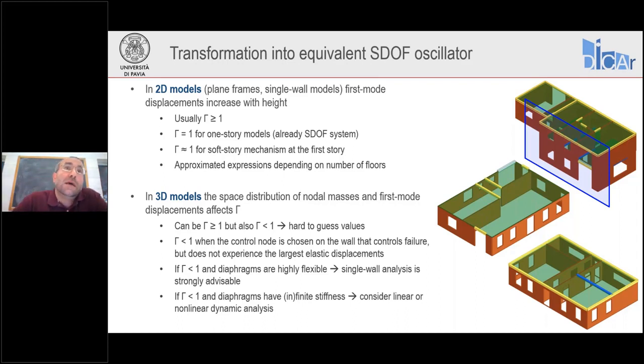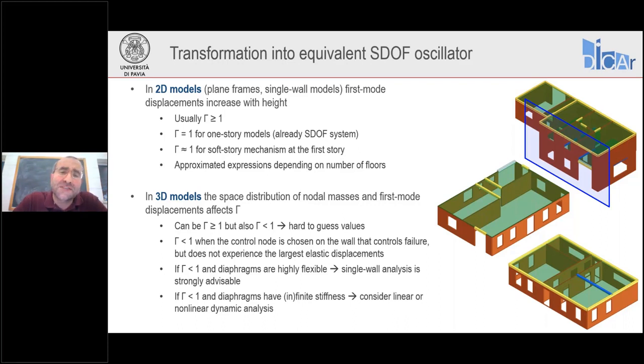This may happen because, since the response is nonlinear, a wall that initially is stiffer than another one may get damaged first, and then it may start displacing more. So that's controlling failure, but initially it may not be the most deformable one. So if our control node is on a wall like this, we may end up with gamma less than 1.